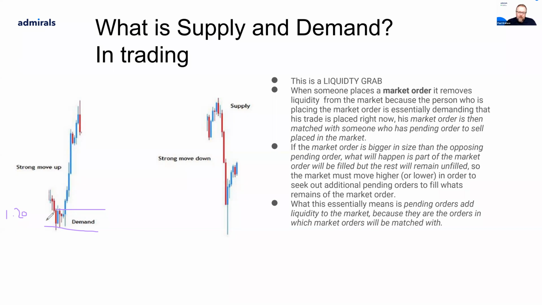And so I'm looking to effectively buy euros and sell dollars, but at 2,000 contracts, as I said, the pending orders there might only be, let's say, the equivalent of 500 orders at that particular level.